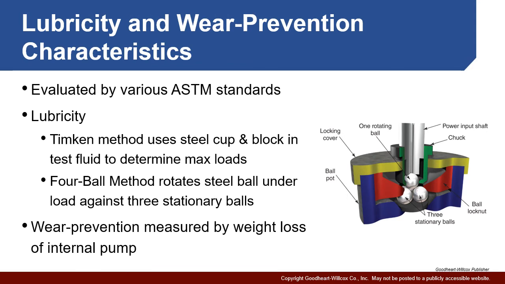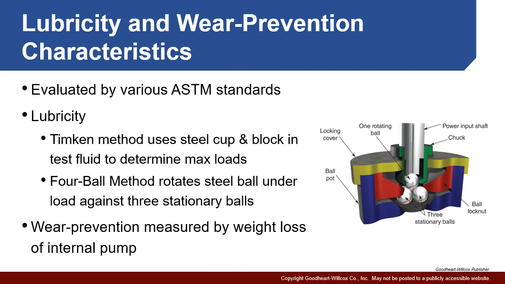ASTM has also developed standards for determining the lubrication and wear prevention characteristics of oil. For lubrication or lubricity, there's the Timken method. This uses a steel cup and a test block, immersed in the fluid. A pressure is applied, and we determine the maximum pressure before the cup and block actually damage each other.